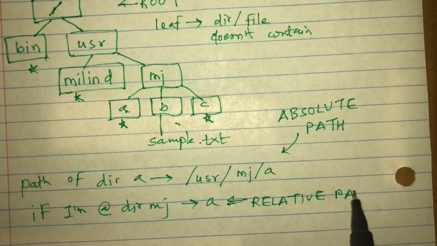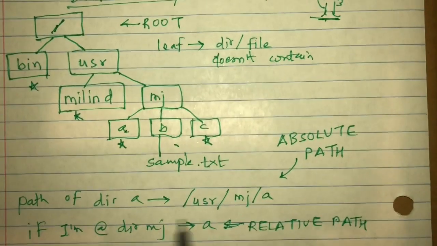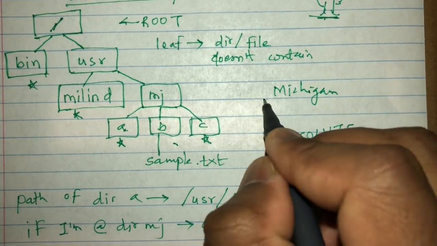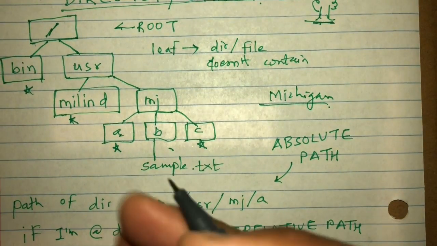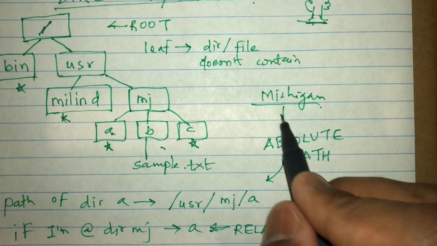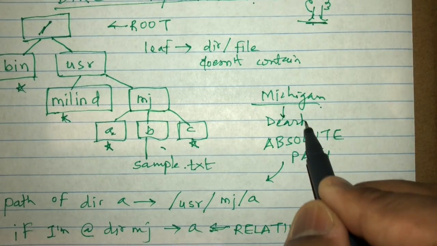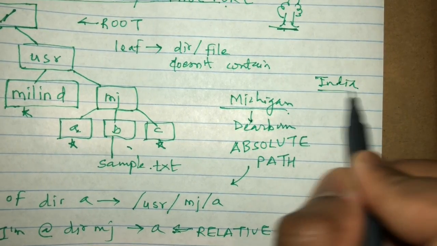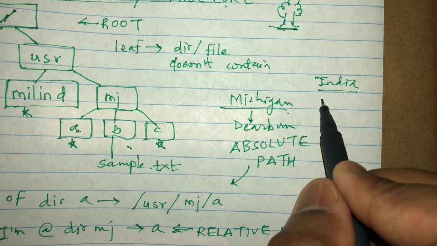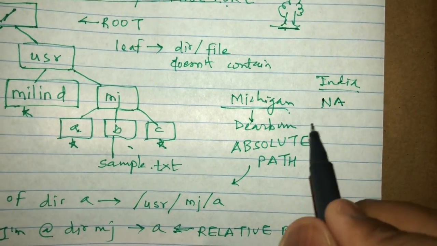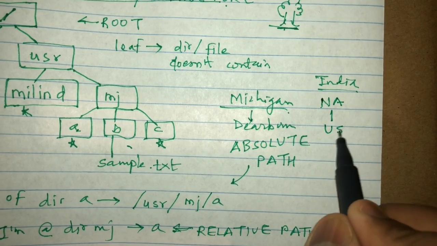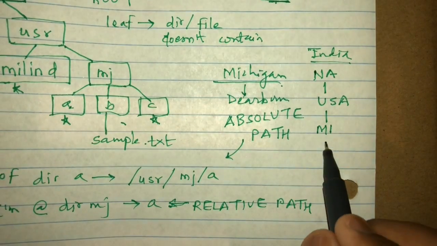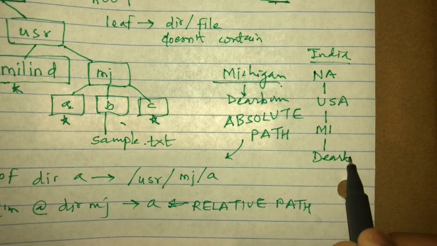Let me give an example. I currently live in Michigan. So if someone asks me where Dearborn is, I'll say it's in Michigan, right? But if someone from my home country India asks me where Dearborn is, I will say you first need to go to the continent of North America, then you have to go to the country of USA. In that you have to go to the state of Michigan, and then you will see the city of Dearborn.